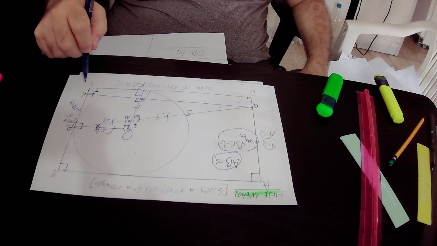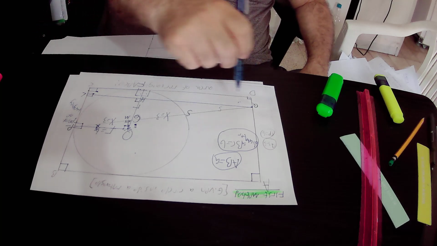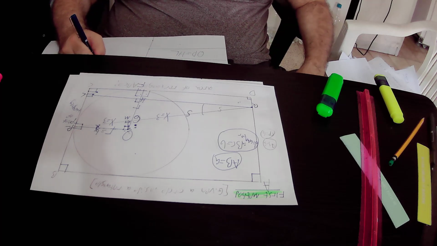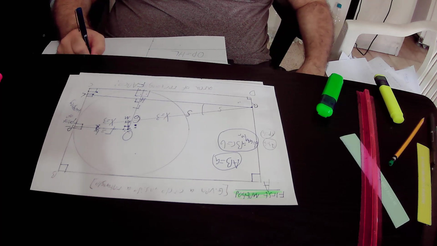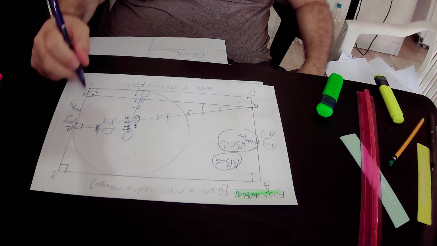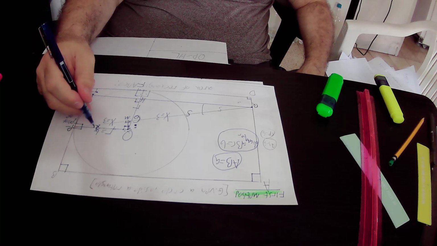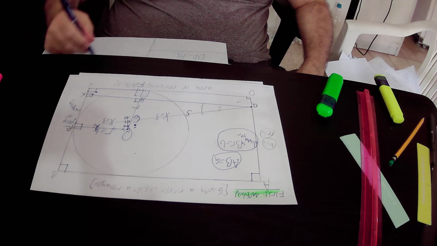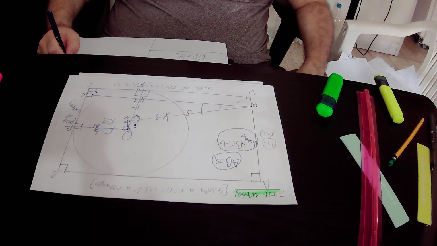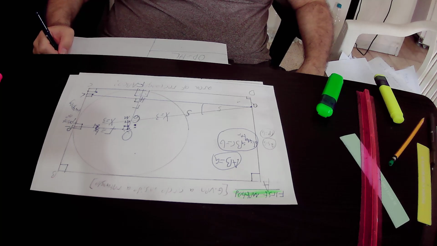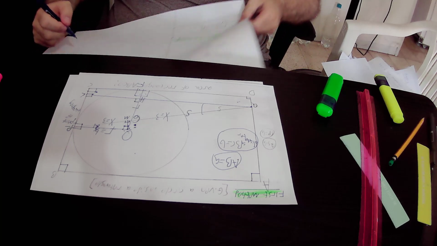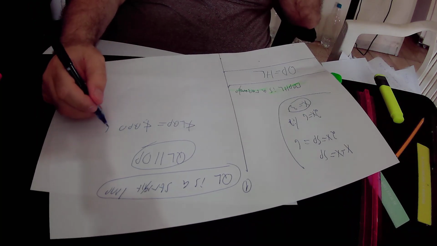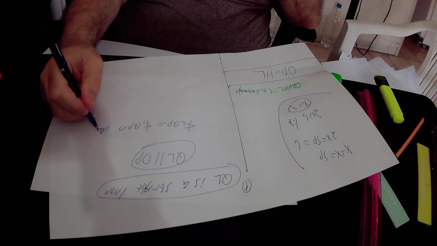So here angle LQP is equal to this angle, which is angle QPO. And they are equal to each other according to rule number 9.